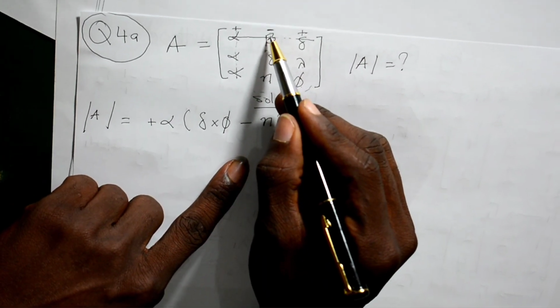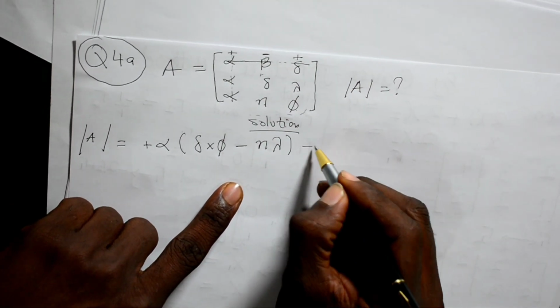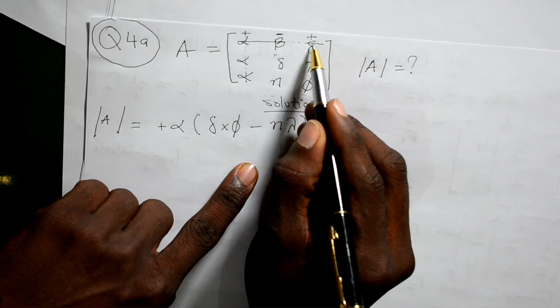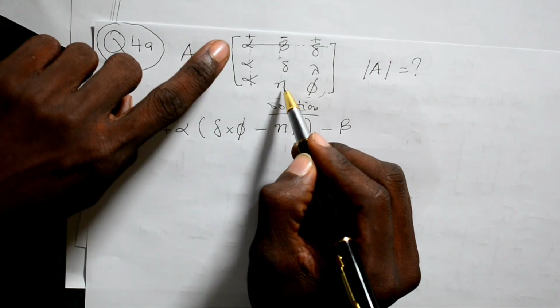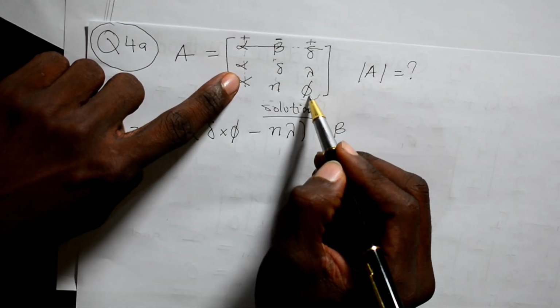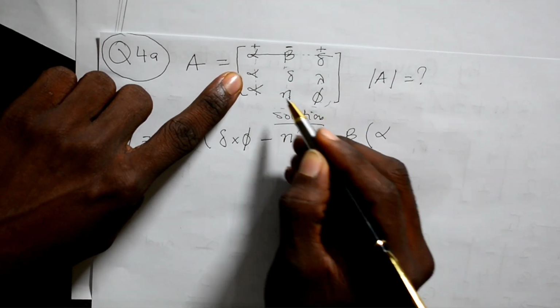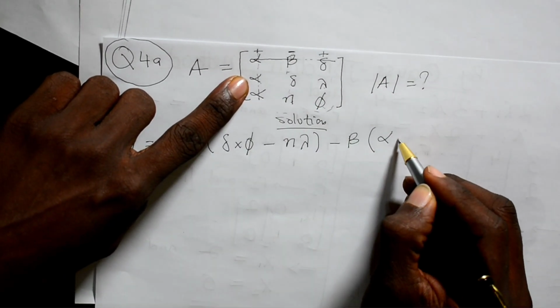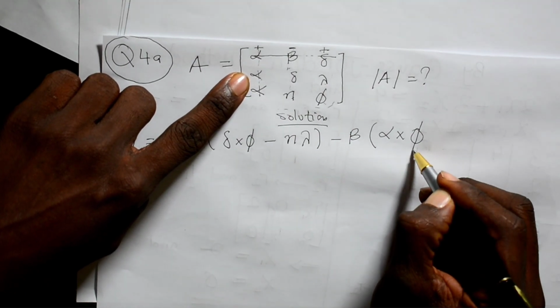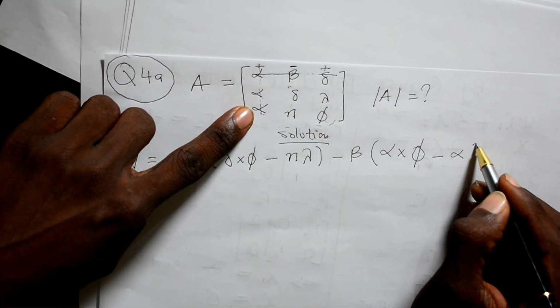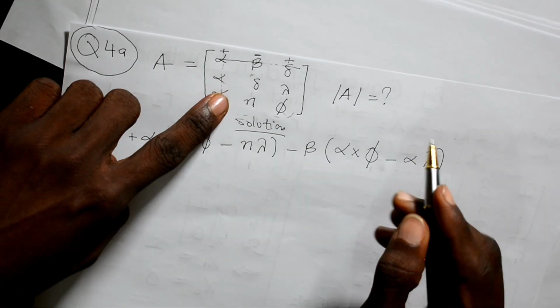Then we carry the next one, minus beta. Then we close its row and its column. Then we go for the remaining ones. That means alpha times psi minus alpha times wavelength.